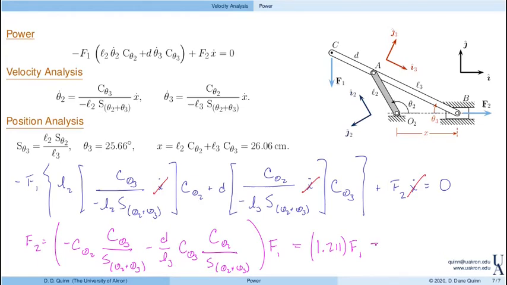But finally, plugging in f1 is equal to 200 newtons, f2 is 242.17 newtons. So here we actually get an increase of the output force relative to the input force. And this constant of proportionality is referred to as the mechanical advantage.